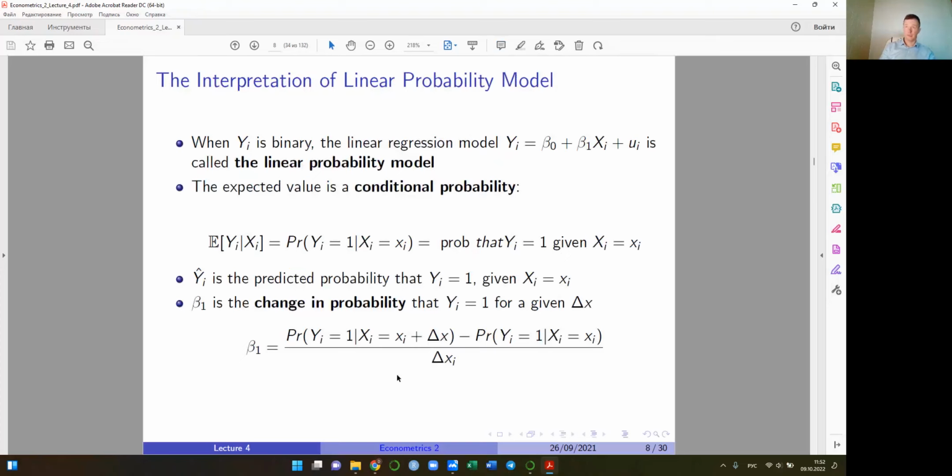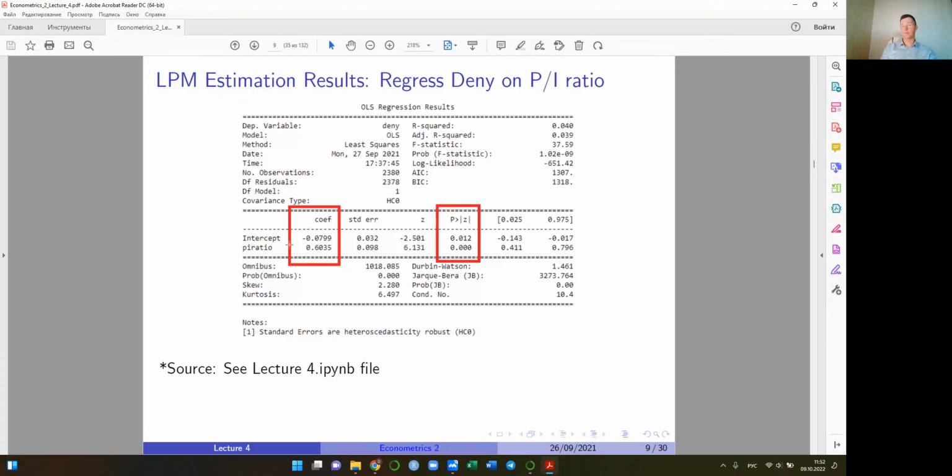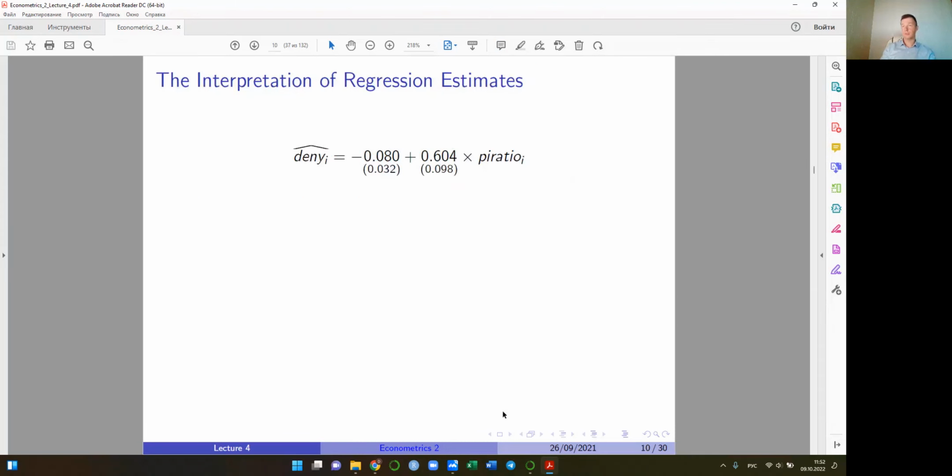Now, when we estimate this model on the data discussed on one of the previous slides, we have the following model. So deny, which is a binary variable 1 or 0, equals minus 0.08 plus 0.604 times payment to income ratio. What is the interpretation? Let's see. What is the predicted value if PI ratio is 0.3?